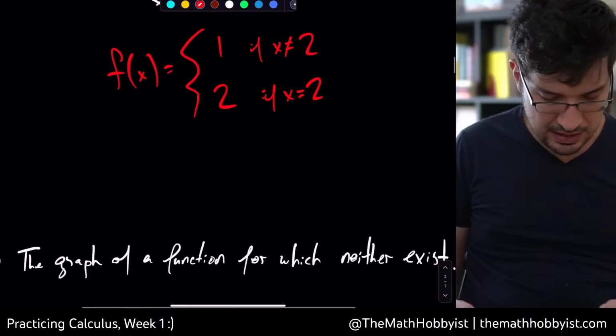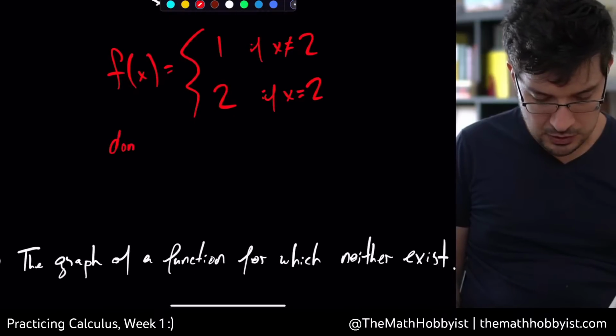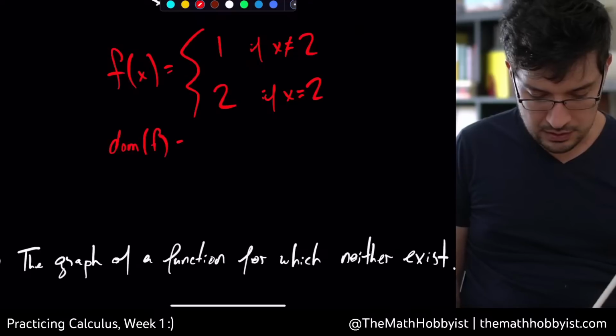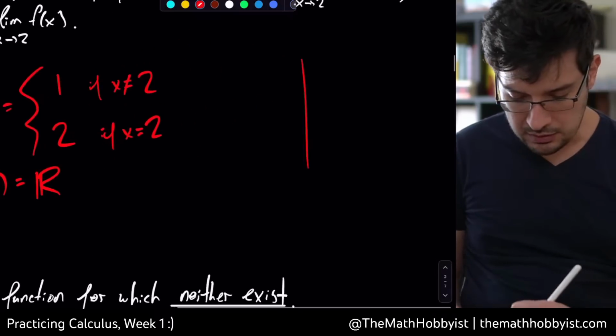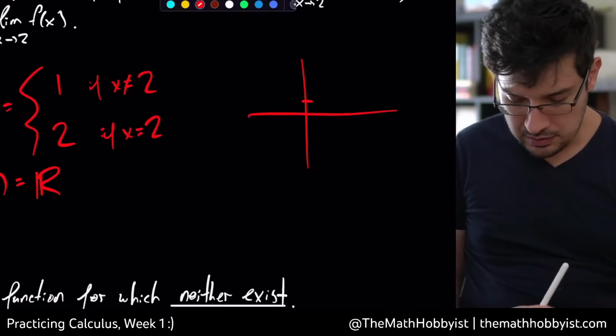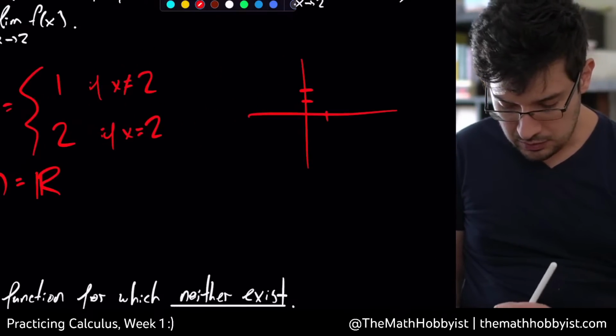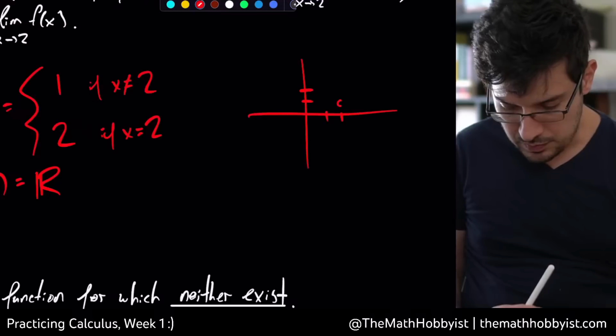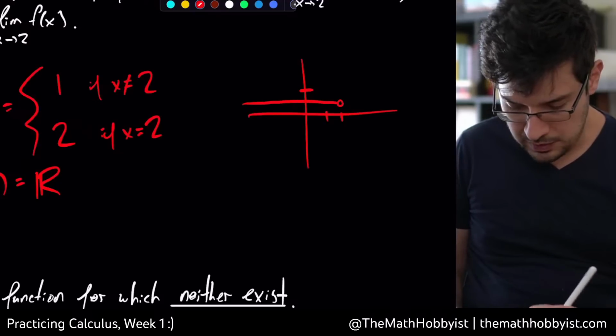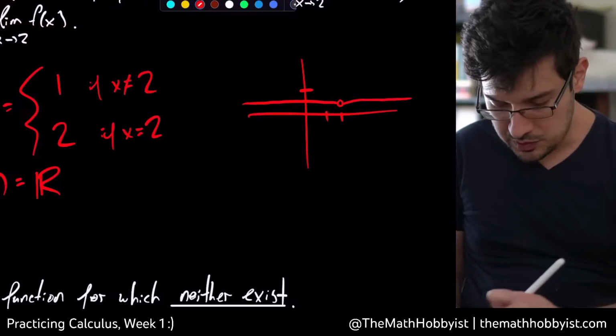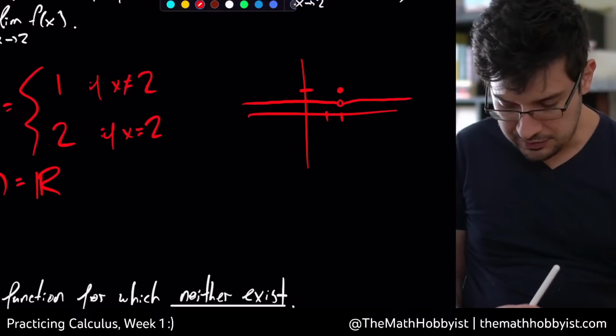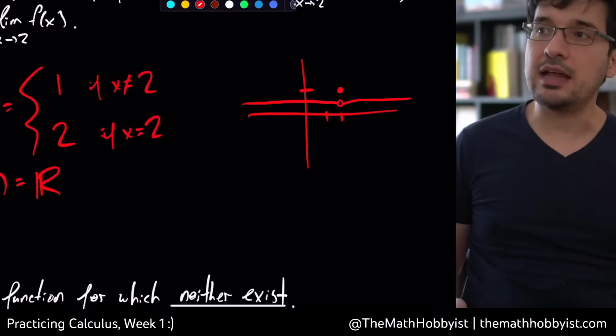So this time, the domain of the function f is going to be the entire real line. And our graph, as we were asked, is going to have a hole at x equals 2, and it's defined as another point at x equals 2.